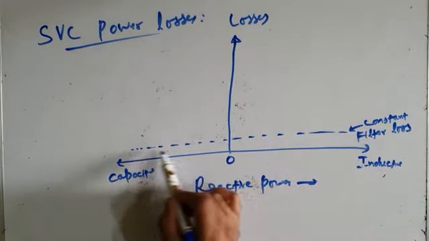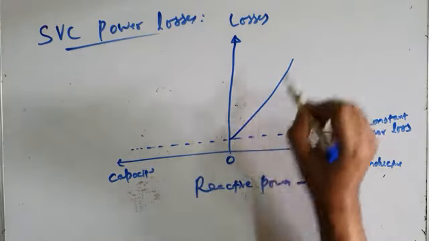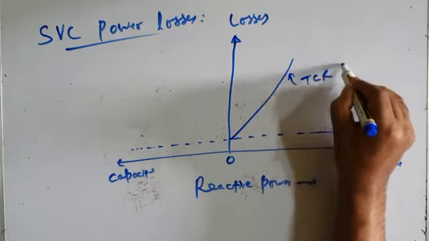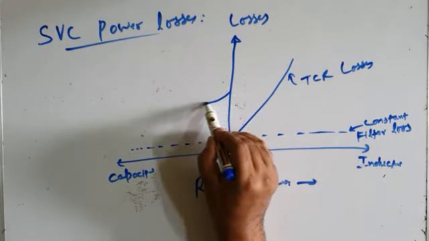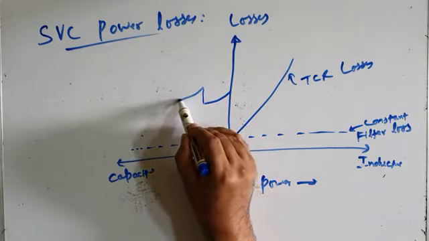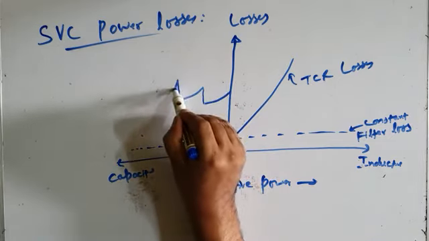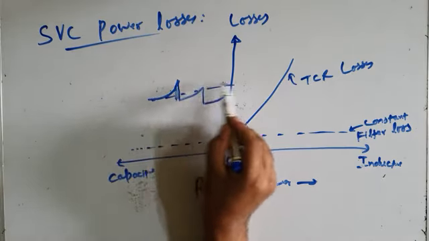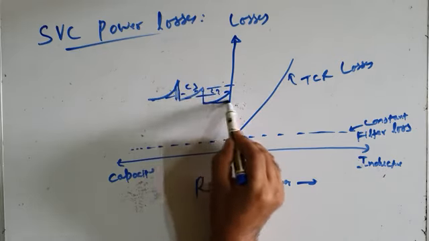Therefore the filter will have constant power losses like this. And then this is the TCR loss. TCR losses I will explain in a minute. For example, this is capacitor C3, this is capacitor C2, this is capacitor C1.